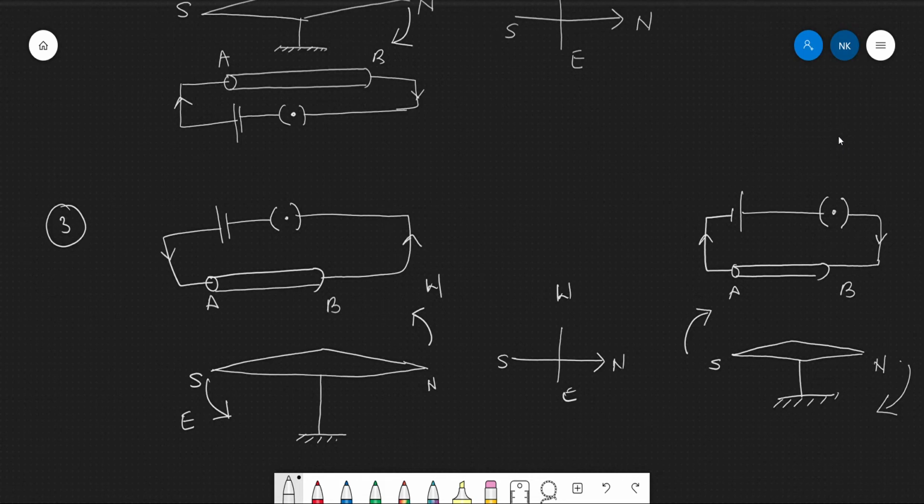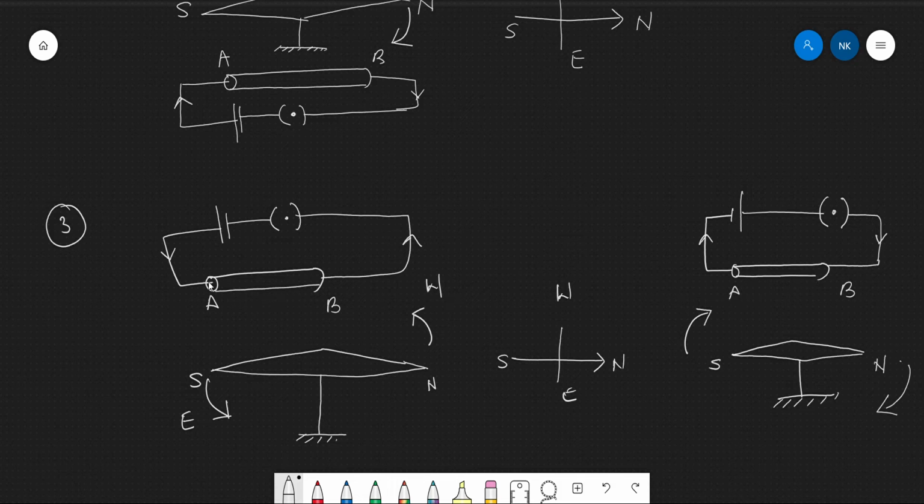And in the third one, the setup is that of observation number 1 only, but after having the first setup, I will change the polarity of the cell. As a result, there will be a change in the direction of current flowing.